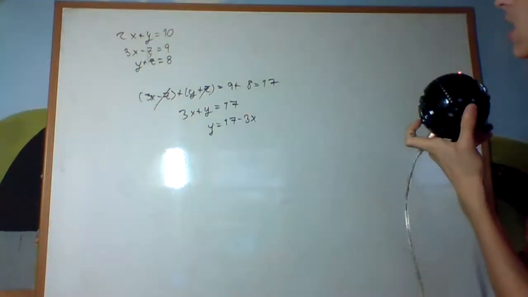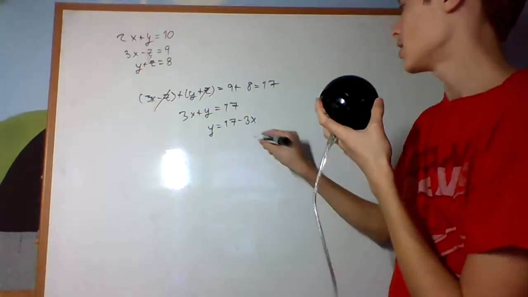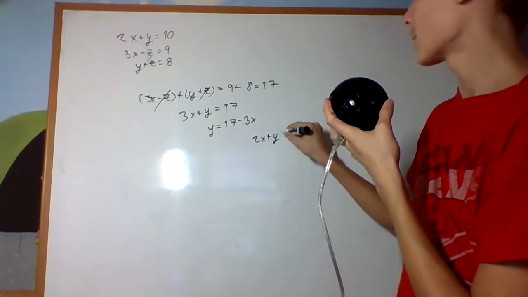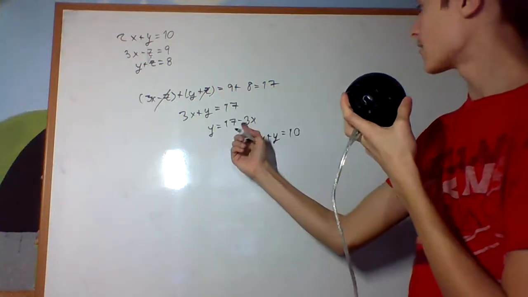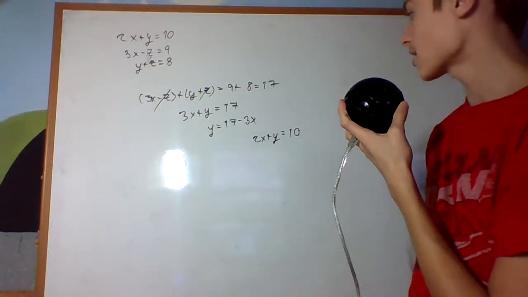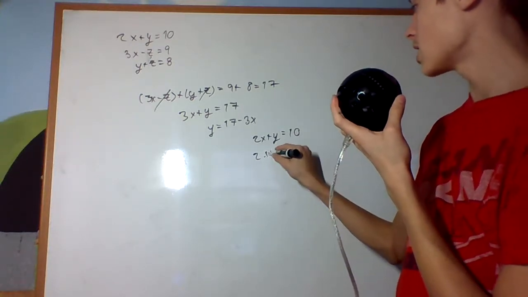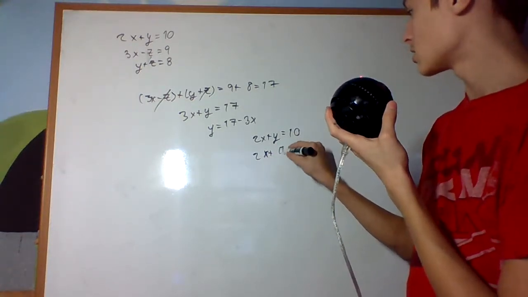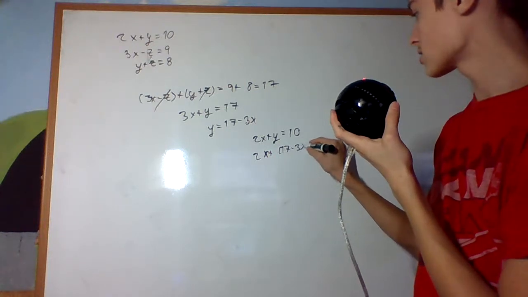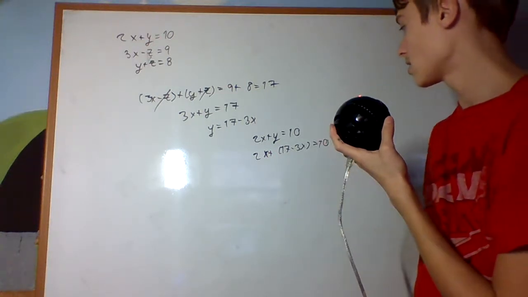Oh, but look at right there. 2x plus y is 10. I have 17 minus 3x, so I can substitute that in for y. So I get 2x plus 17 minus 3x equals 10.